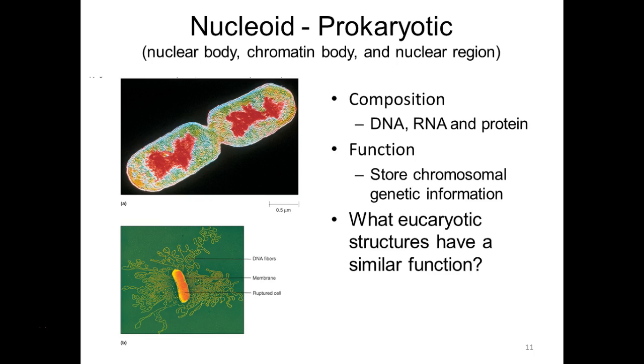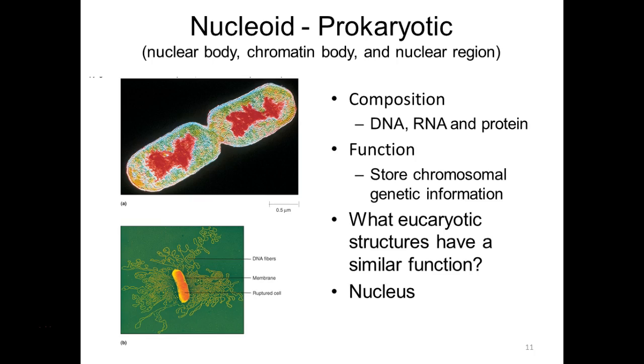But the region where the chromosome is stored in eukaryotes, we know it to be the nucleus. Right? It's actually membrane encased. This bottom picture is a poor bacteria that died, and this is its DNA shooting out of its cell, becoming part of the environment.